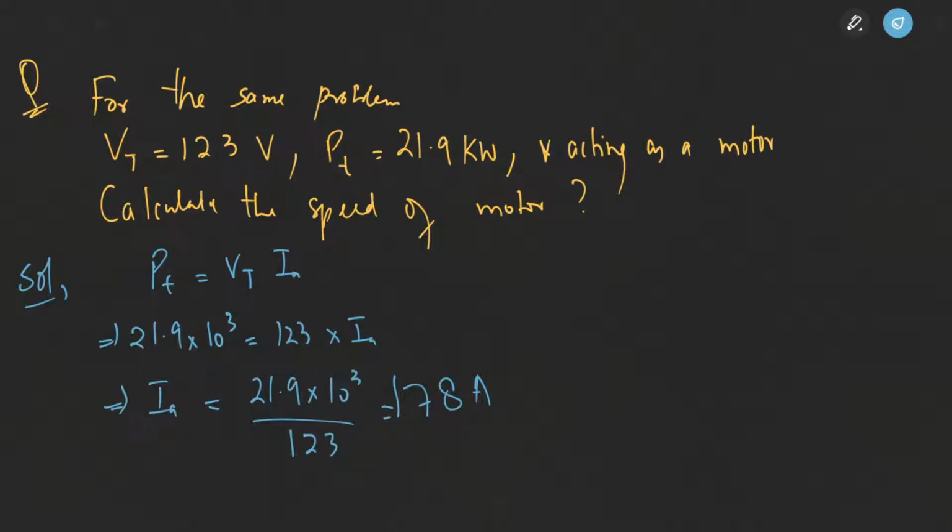So the armature current in this circuit is 178 amperes.